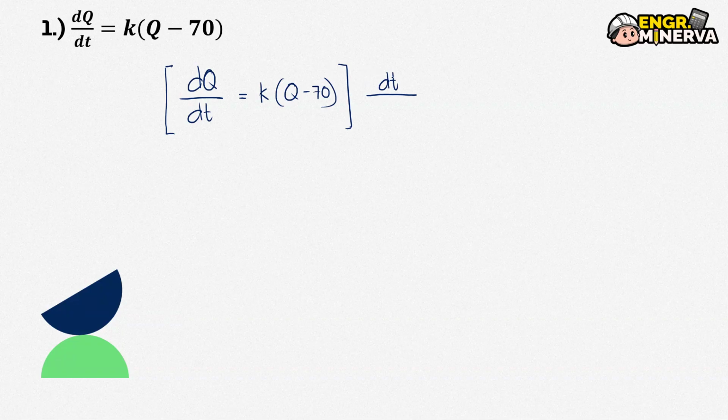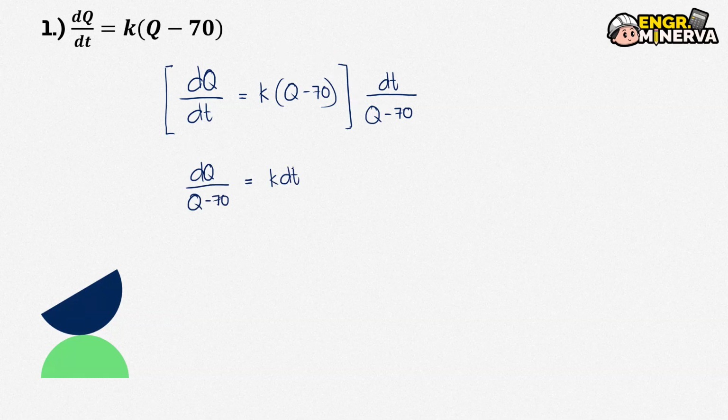And we check if the differential dt contains all variables t only, and the differential dq contains all variables q only. But on the right side of the equation, we have q minus 70 here. So we will also eliminate this q minus 70 from the right side of our equation. The result would be dq over q minus 70 equals k dt.